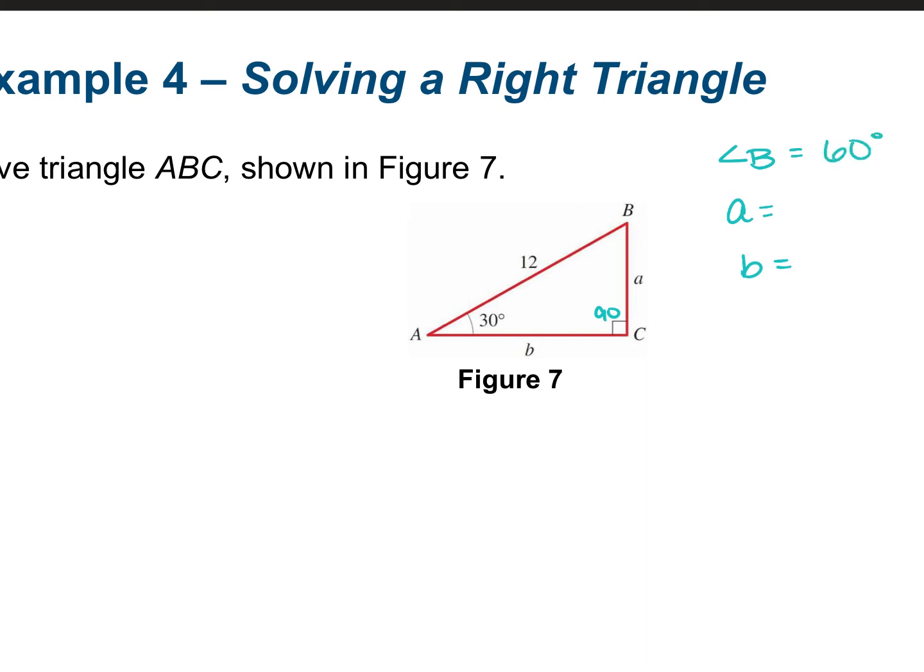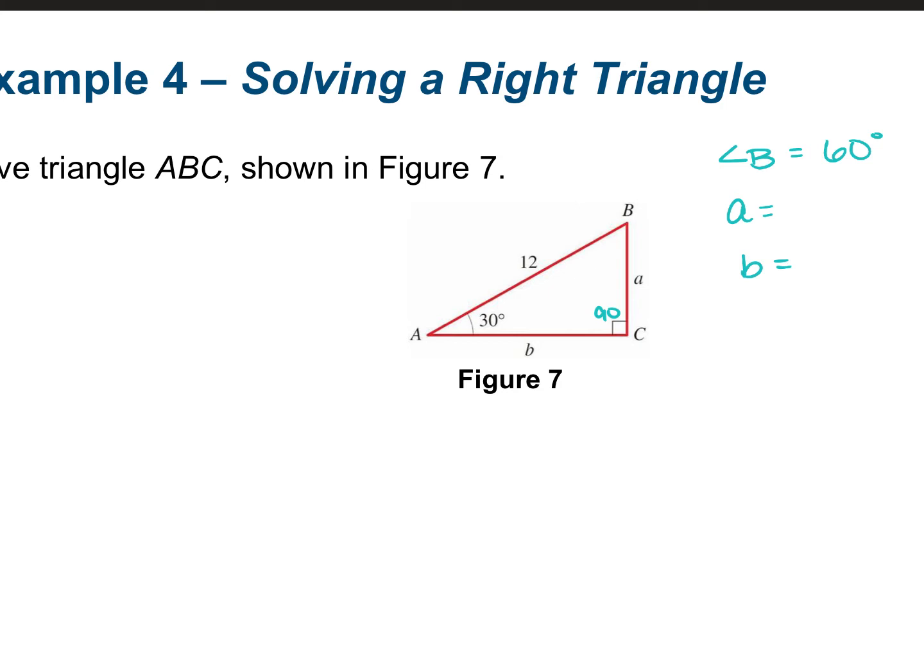If you didn't know that off the top of your head, you would just add the two measurements that you have for the angles that you have already and subtract that total from 180, and that would give you your missing angle. For side A and side B, again, this is a 30, 60, 90 triangle, so you could use what you know automatically about 30, 60, 90 triangles to find those missing side lengths.